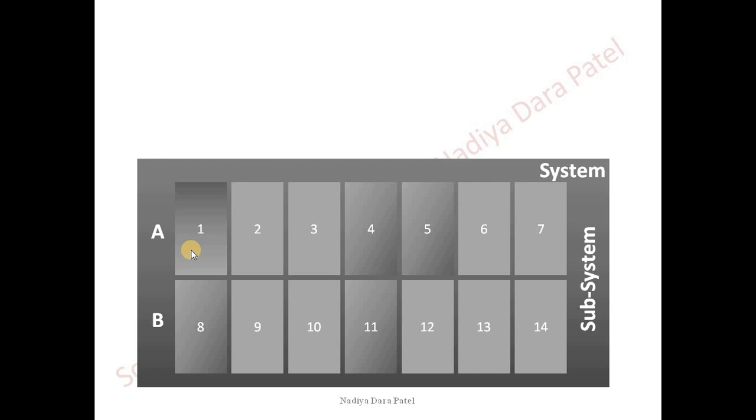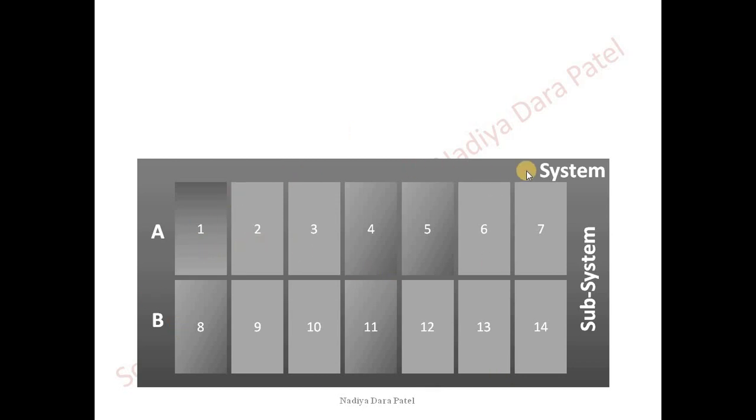Further, if you want to define it, a module can be a collection of programs. In your computer practicals, we work on a single program, or you can say we work on 2 or 3 programs. But a module is a collection of a set of programs. It is again the smallest part of your complete system. So this is one subsystem.